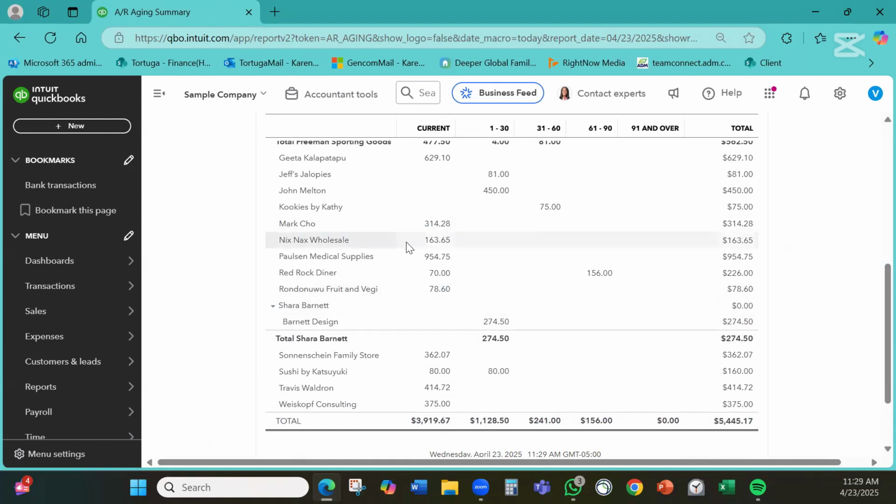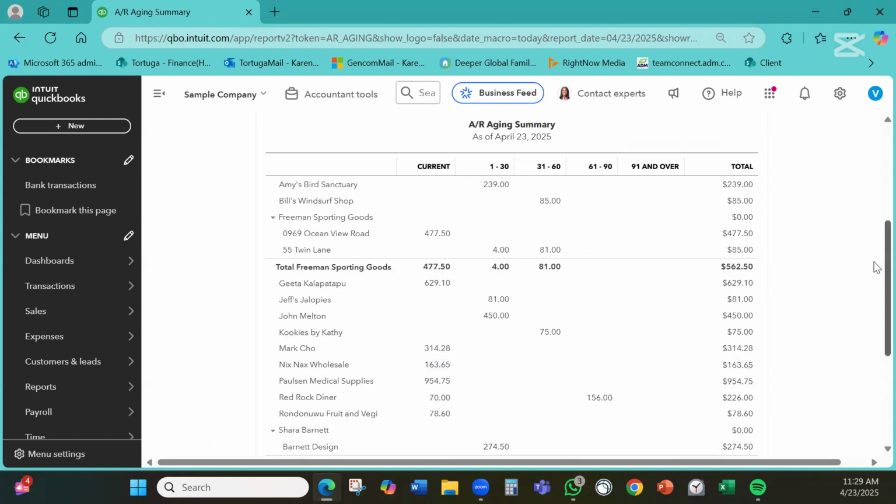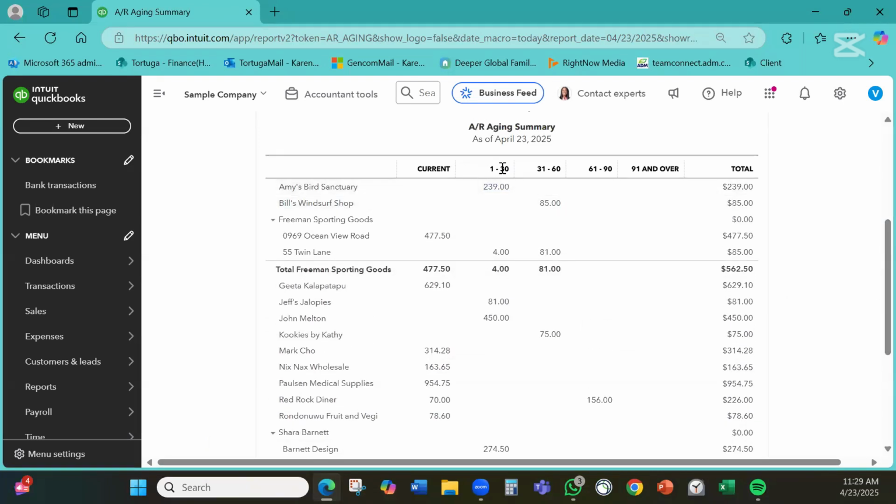And as I say, in the middle, there is Nick Snacks. You can see what it has is an aging, so it will tell you how long past the due date is. So like this person, Red Rock Diner, they are 60 to 90 days past their due date.